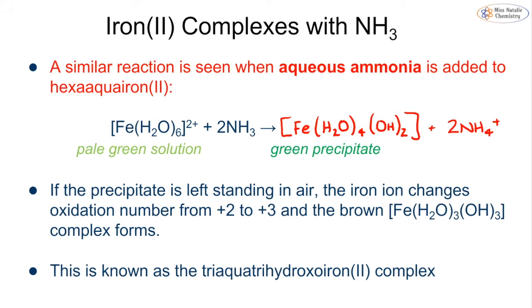And if this precipitate is left standing in air, very similar to cobalt, the iron changes oxidation number from 2+ to 3+ because it is oxidized in the air. And we go from that green precipitate to a brown precipitate where we get this iron 3 complex being formed. And this is known as triaqua trihydroxo iron. So we're getting a change in our oxidation number when we leave the precipitate standing in air.